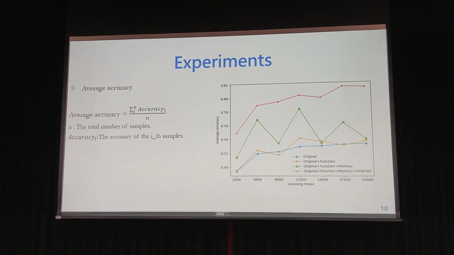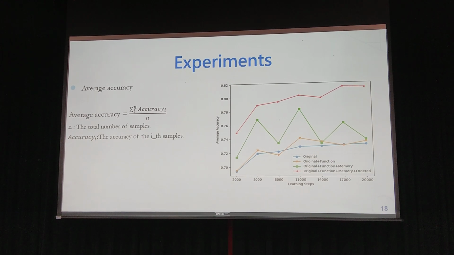And this is our experiment result. The metric is average accuracy, where n is the total number of examples, and we use 1,000 questions to compute this average accuracy. Because for one question we can generate multiple answers, each question will have its own accuracy.